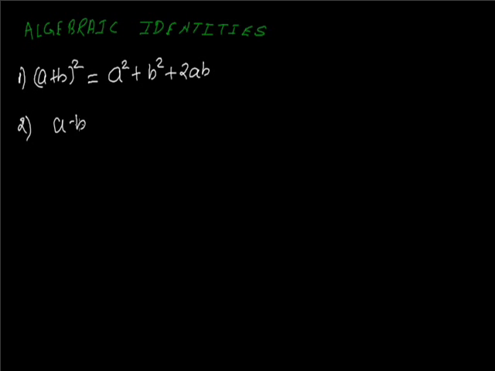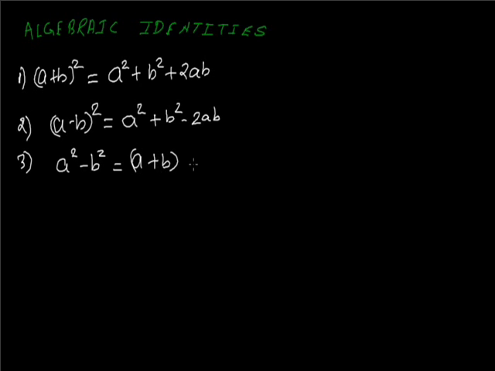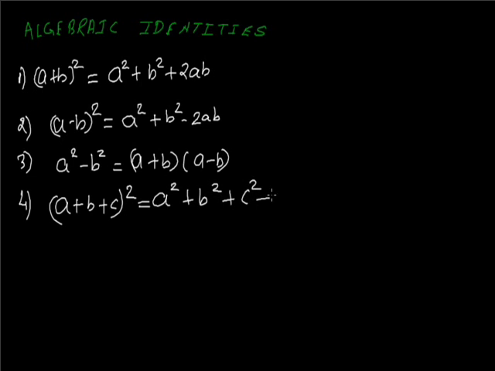Second, a minus b whole square is equal to a square plus b square minus 2ab. Third, a square minus b square is equal to a plus b times a minus b. Fourth, a plus b plus c whole square is equal to a square plus b square plus c square plus 2ab plus 2bc plus 2ca.